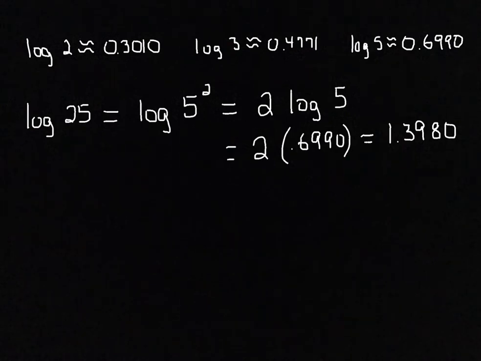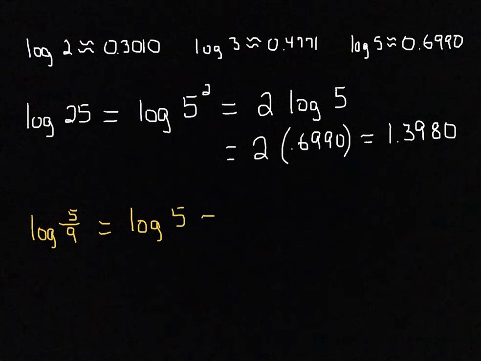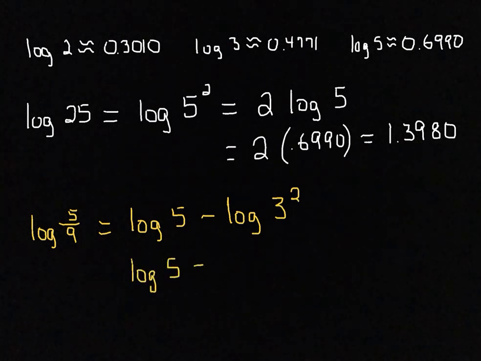Let's take a look at another one like this. So we have the log of 5 over 9. Well, we do know the log of 5. That's given to us. And this is going to be a quotient property. And this one would be same thing as 3 squared. Now we know 3. This would be log of 5 minus, use your power property, move the exponent to the front, log of 3.